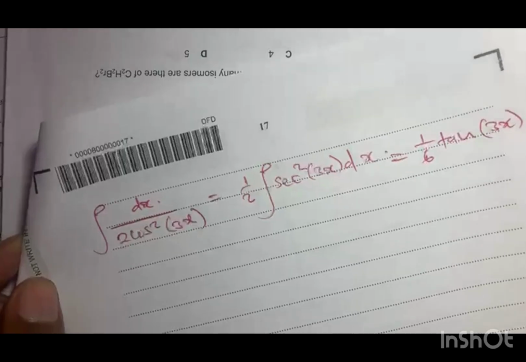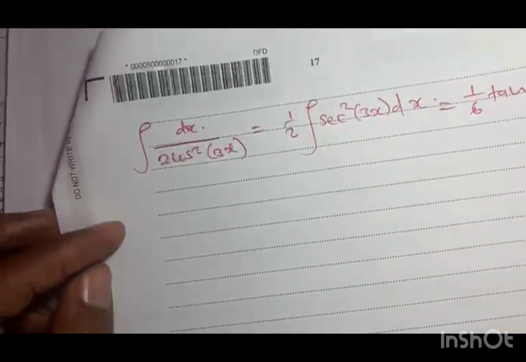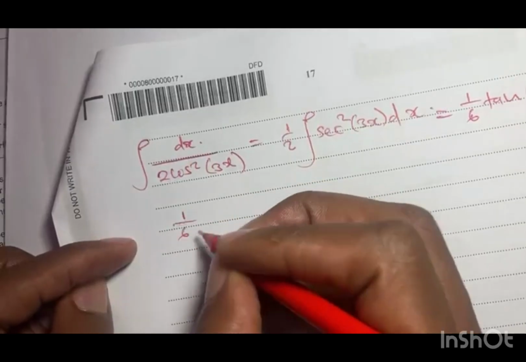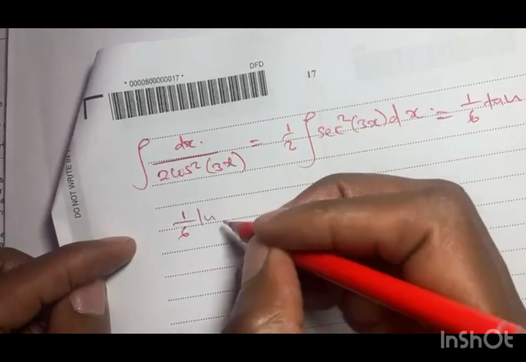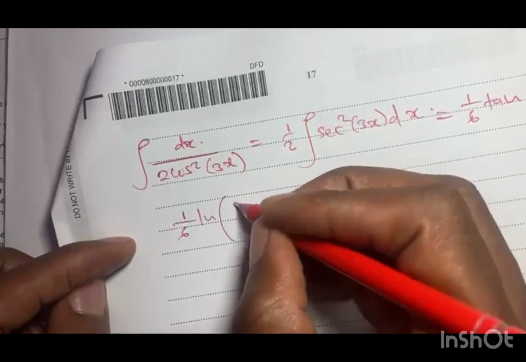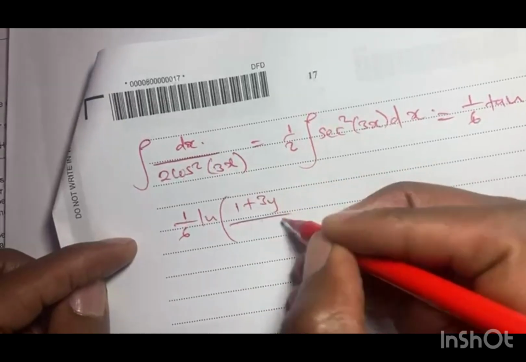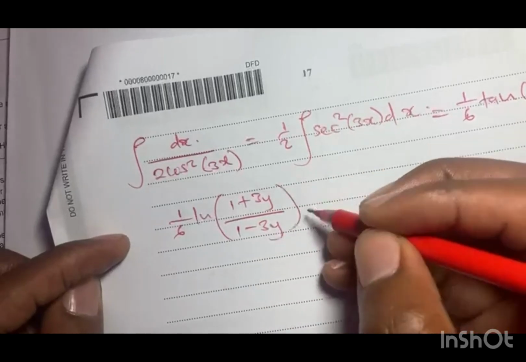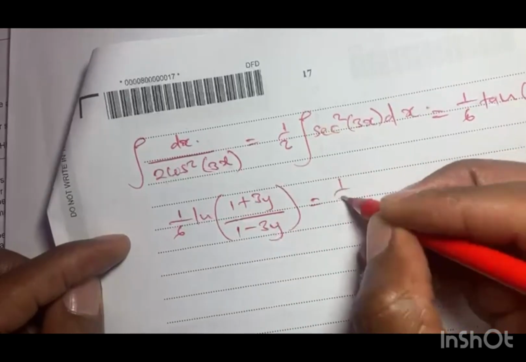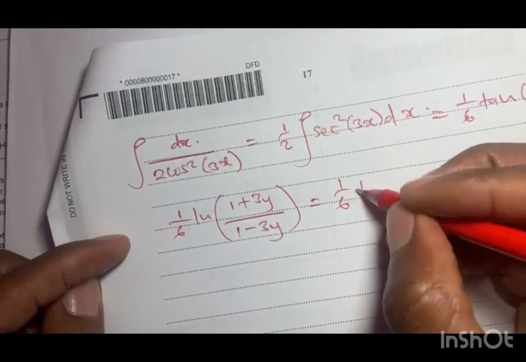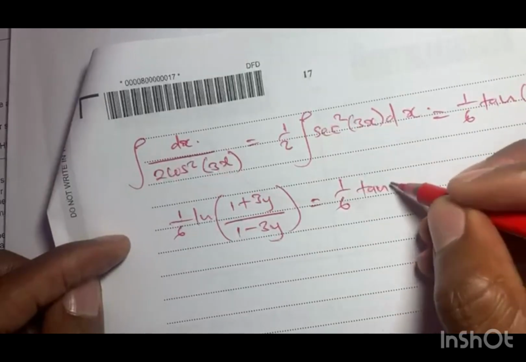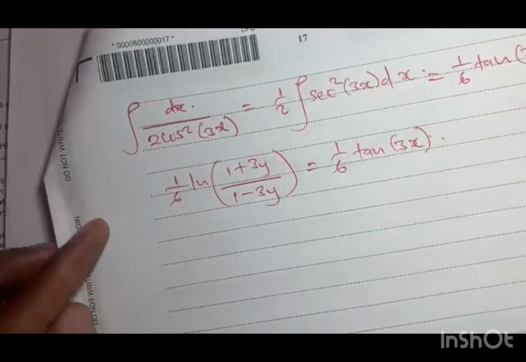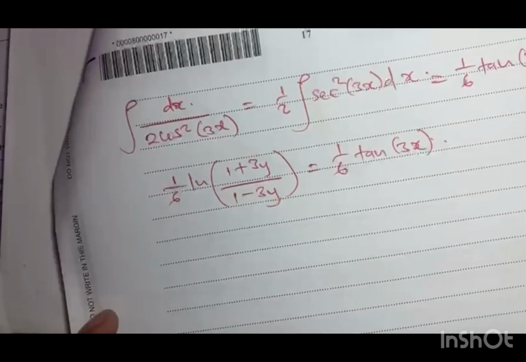Now to combine the results from the left hand side and the right hand side, I'll get 1 over 6 ln of (1 plus 3y) over (1 minus 3y) is equivalent to 1 over 6 tan 3x. Okay, that's combining both sides.